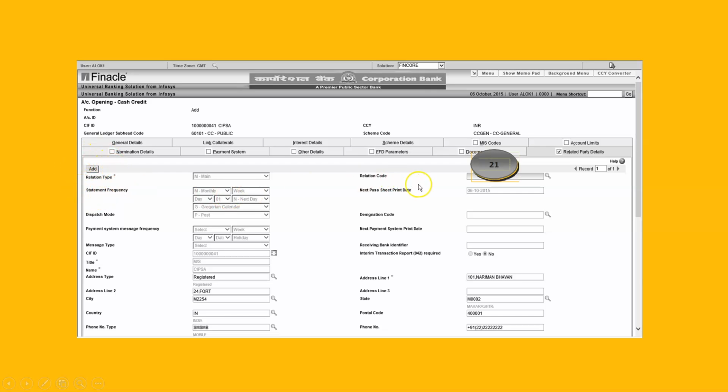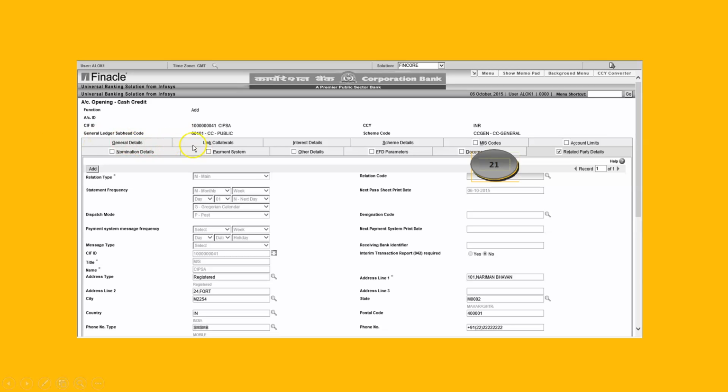You get the relationship code here. You have to choose what the relationship is, whether he is a guarantor or a director, and you can type the KIF ID if we have it. Otherwise we have to enter everything manually. Addresses and all the fields marked with a red asterisk, red star, are mandatory here, right?